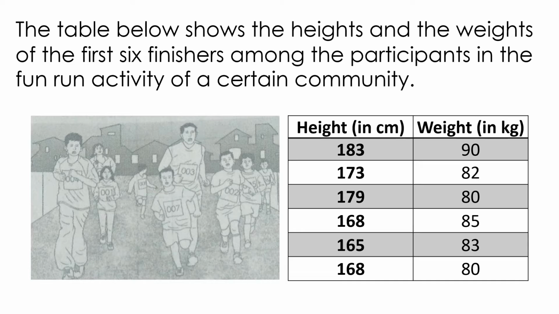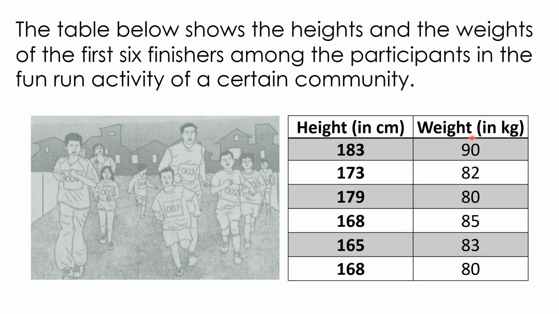Okay, so let's have here an example. The table below shows the heights and the weights of the first 6 finishers among the participants in the fun run activity of a certain community. We have the height in centimeters: 183, 173, 179, 168, 165, and 168.